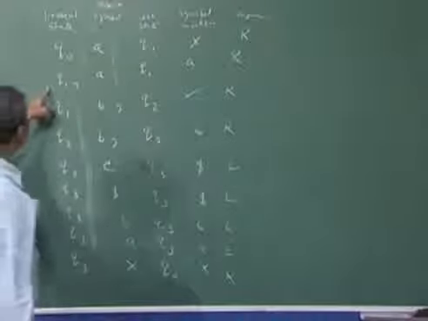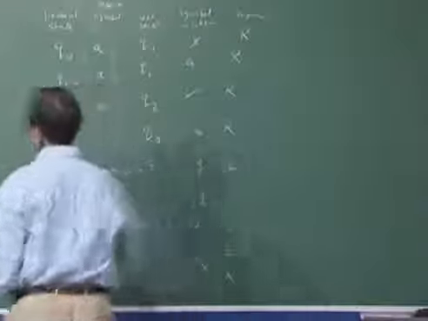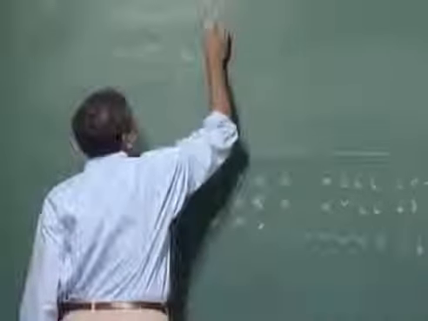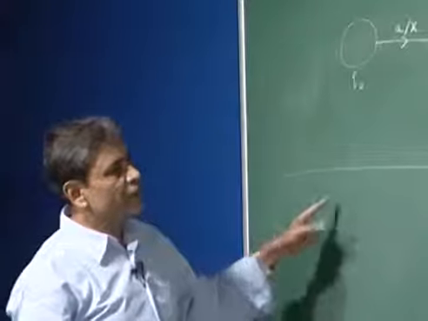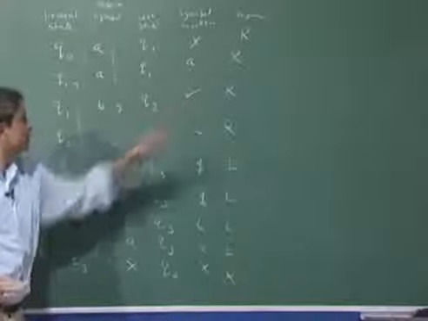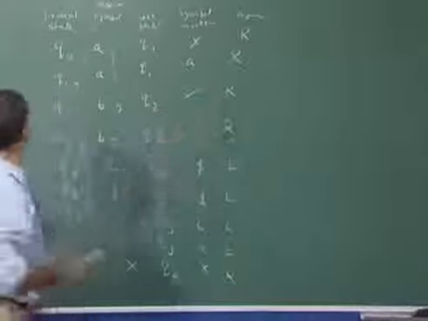So, let us go ahead and do this. In Q1, if you see an A, what did you do? We move to the right by writing an A. So, essentially in Q1, if I see an A, I will write A and I will remain in state Q1. In Q1, if I see a B, then I move to state Q2 by writing a tick in that place of B, and then I move to the right.